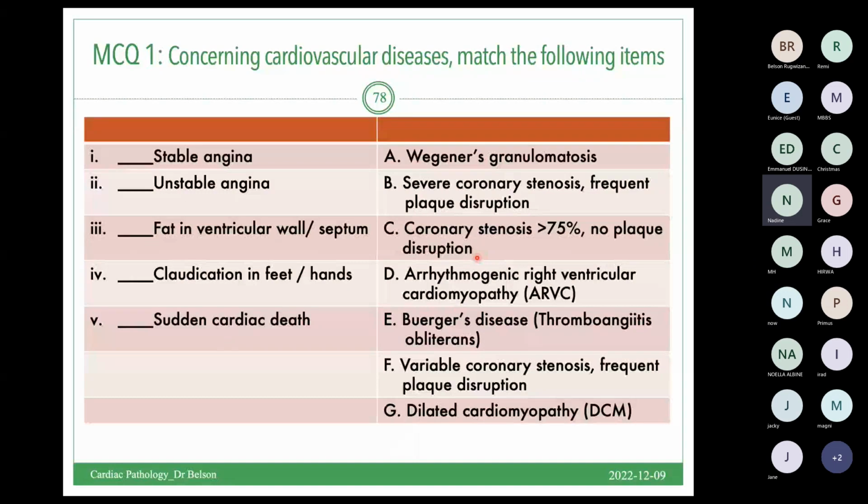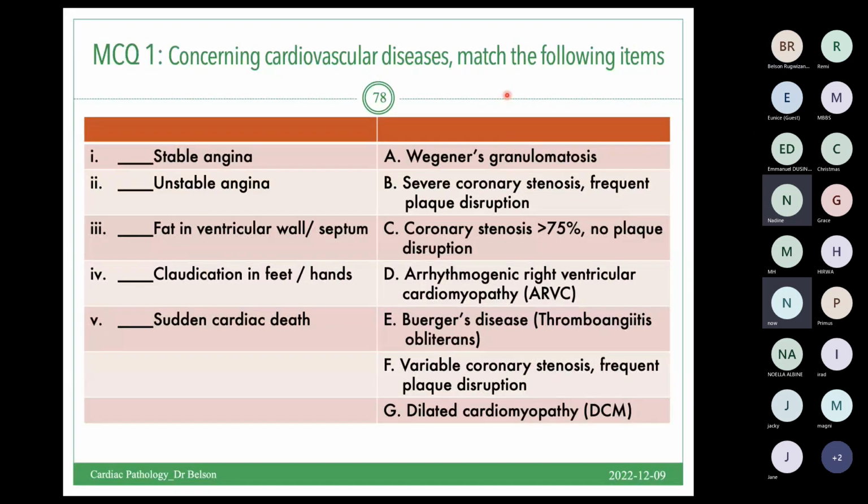Stenosis. Which is stenosis? Because here we have stenosis in B and stenosis in C. Which one? Coronary stenosis greater than 75% and no plaque disruption. Yeah, I think so. Because when there is plaque disruption, it doesn't cause a stable angina, it can cause other things. And you want to match it to unstable angina.